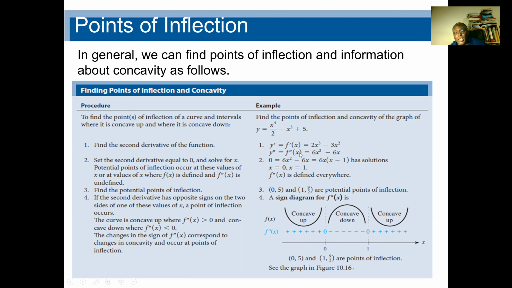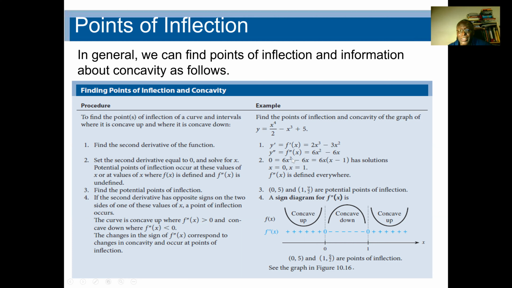What we need to do now, we know the interval. Otherwise, they say set the second derivative equal to 0 and solve for x. The potential points of inflection occur at values of x where f at x is defined and the second derivative at x is 0 or undefined.